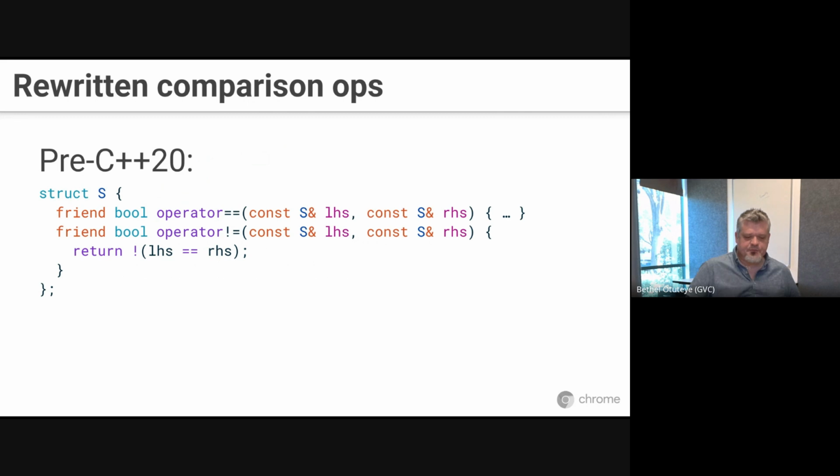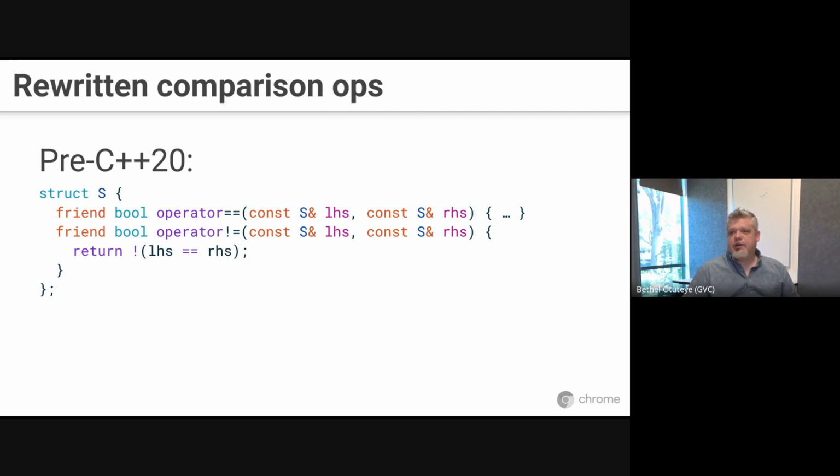Similarly, we have something called rewritten comparison operators. This is based on a very similar principle of changing the call sites, but instead of changing the order of the args, we're going to change what operators are called. So if you want to support not equals pre-C++20, the way I've seen almost every piece of code everywhere in the world do it is by just negating the result of operator equals equals.